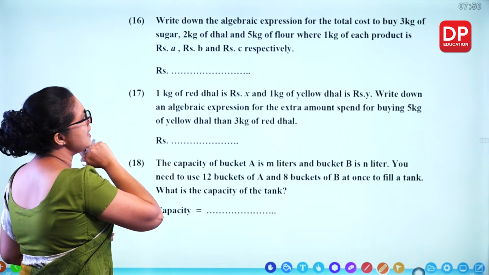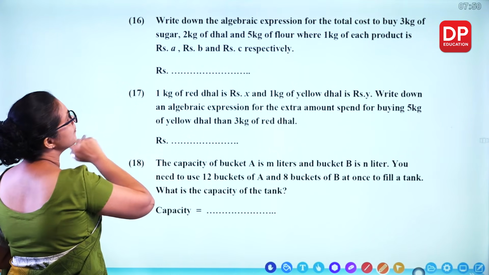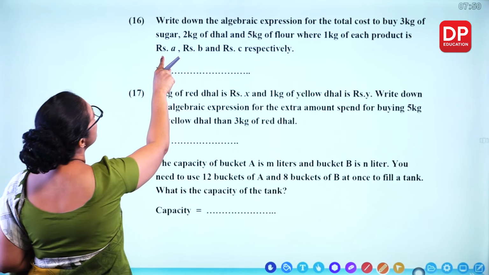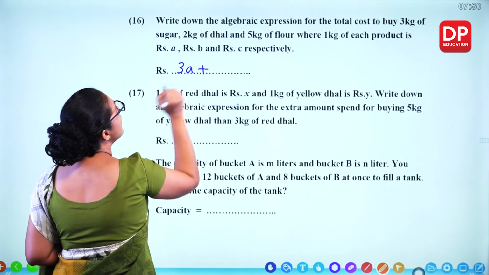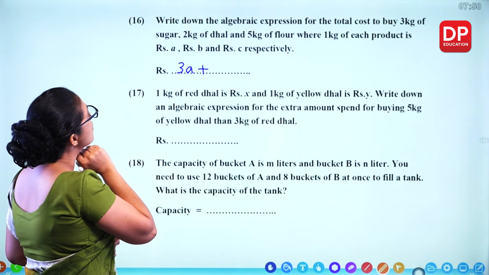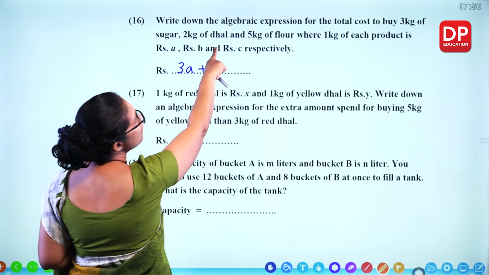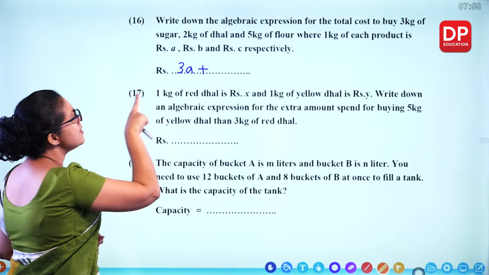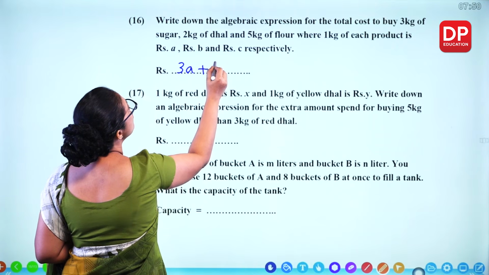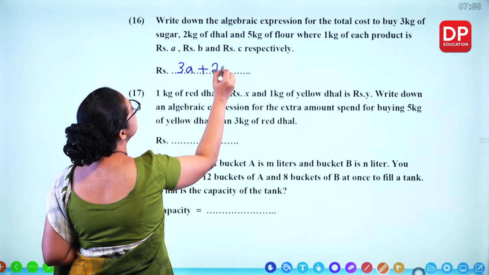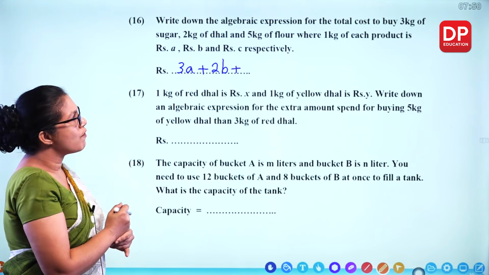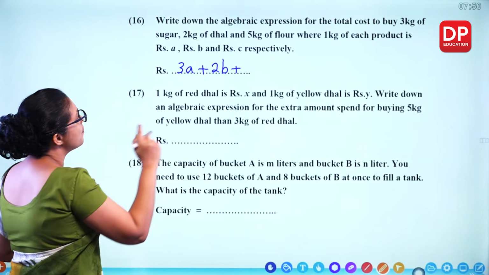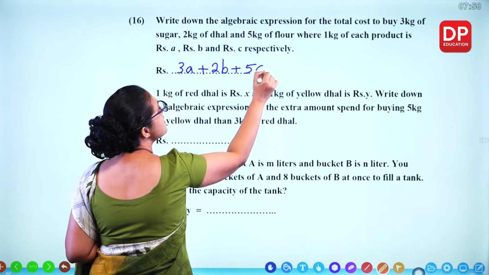Total cost, we need 3 kilos of sugar. So sugar is A, so 3A. Then 2 kilos of dal. Dal is B rupees, 2B. And 5 kilos of flour, flour is C rupees, so 5C.